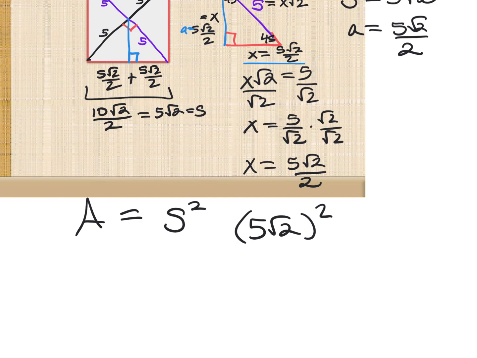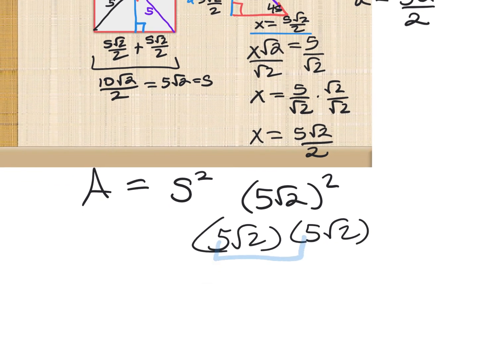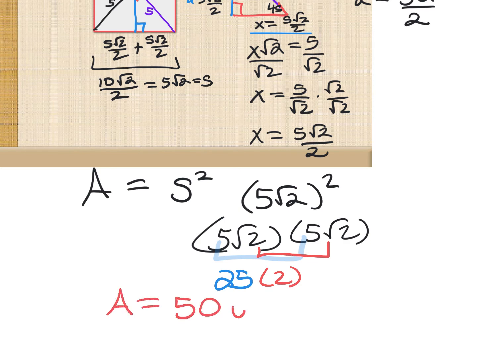So 5 square root 2 squared means write it 2 times and multiply it. So you would do the 5 times 5, get 25. And then root 2 times root 2 is just 2. So the area of this square is 50 units squared.